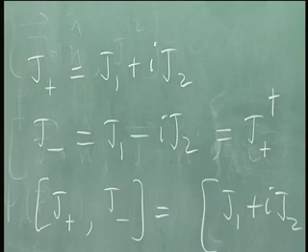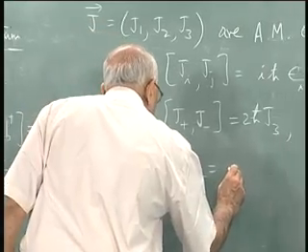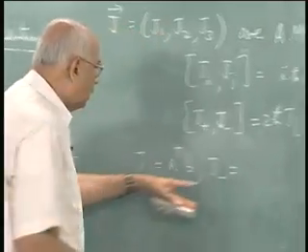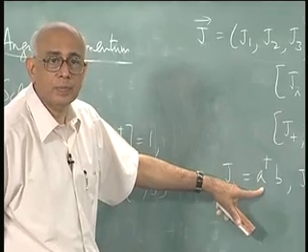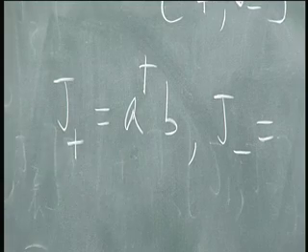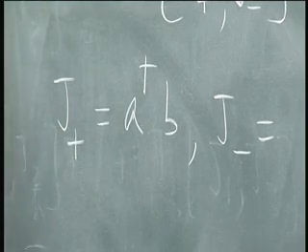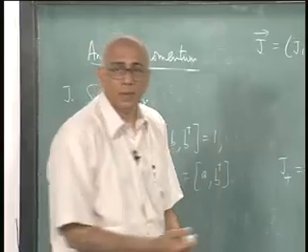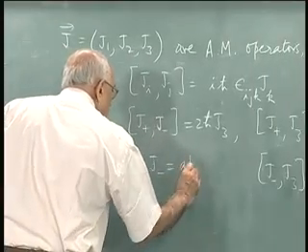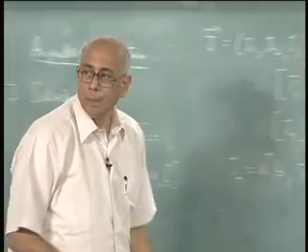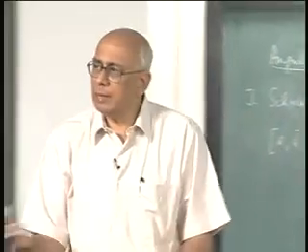So what does J minus give you? What is the Hermitian conjugate of this? B dagger A, but A and B commute with each other. So this could be written as A B dagger. B dagger A is the same as A B dagger.